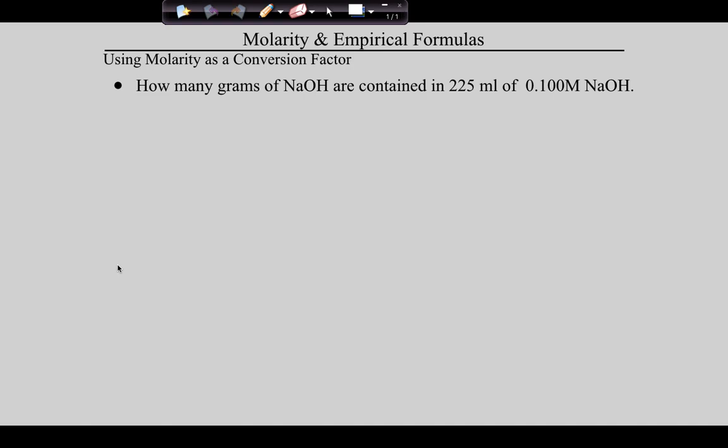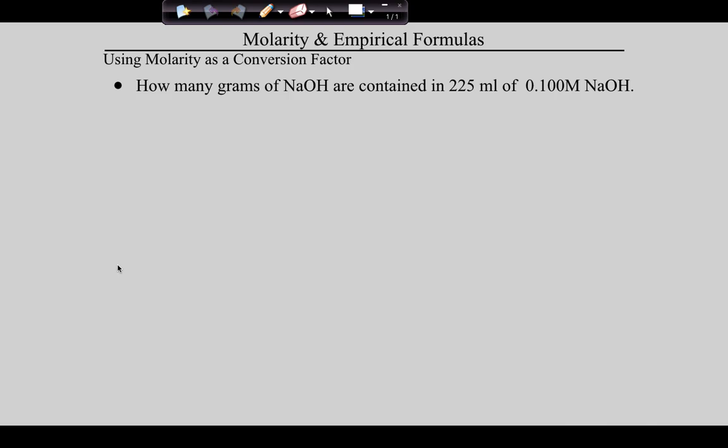If you can calculate how many grams of NaOH pellets are in here, you can then make this solution. All I've got to do is give you a bucket full of NaOH pellets. You do this math, you figure out how many grams of NaOH are in here, and you can then make your own solutions. All I've got to do is give you a graduated cylinder and a bucket of pellets, and you can go make your own solutions.